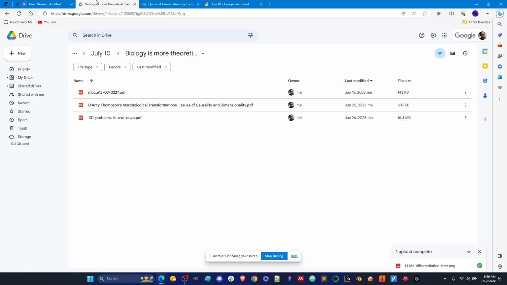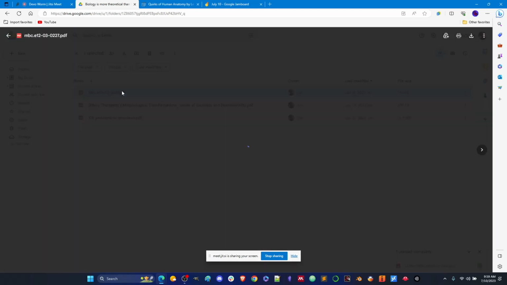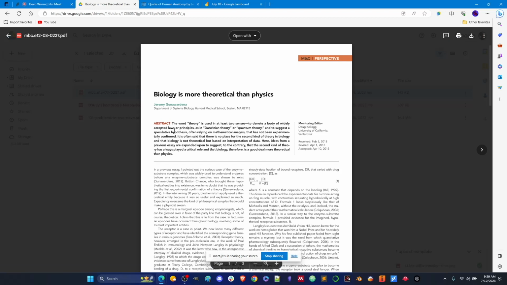So I think Susan threw a bomb earlier where she talked about physicists not having a lot of biology background, which is somewhat true, but there's this argument that biology is more theoretical than physics. And this is a newish paper. Yeah.